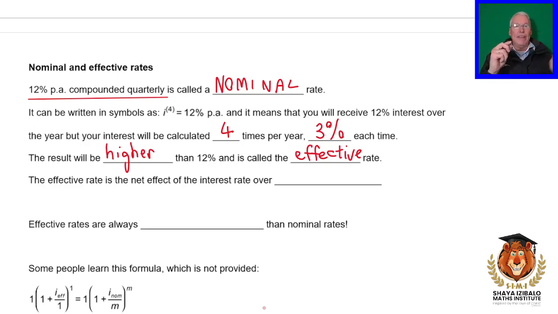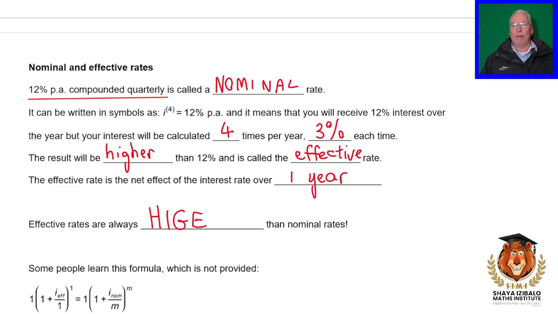And in the next quarters of the year, that interest will earn interest. And that's why 12% compounded 4 times a year is better than 12% compounded once at the end of the year. The effective rate is the net effect of the interest over 1 year. All right? And effective rates are always higher than nominal rates.